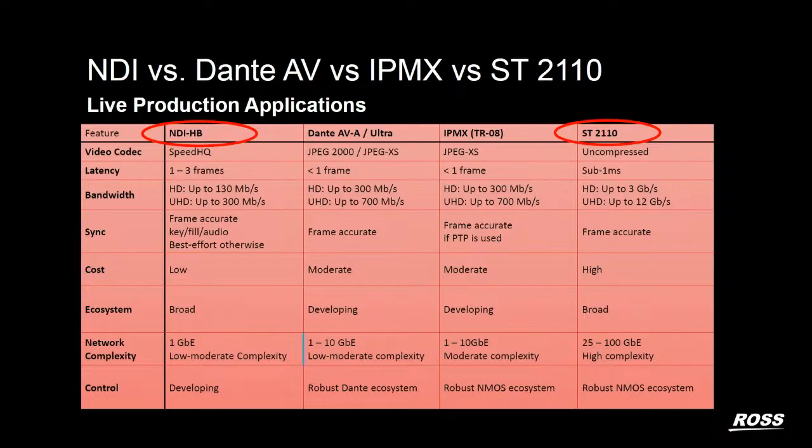UHD 300 megabits per second versus UHD being 12 gigabits per second. So your switches, again, your optics, your cabling, all of that. Not to mention, this is typically going to be x2. Right? Because you got a -7 network, so everything is twice as much if you want to be redundant. And typically, if you're setting up a 2110 system, you want to be redundant.